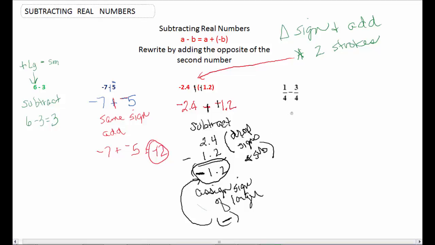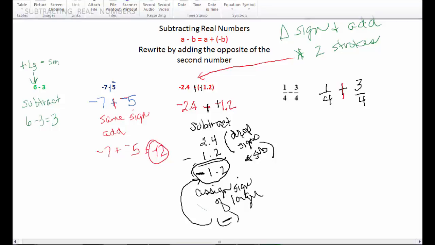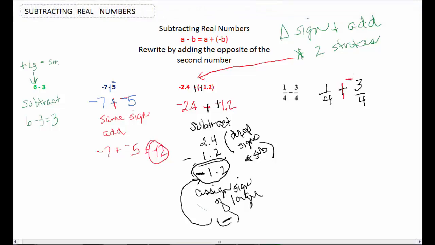Okay? So our last example, we have 1/4, and it said minus, but we're going to make our first stroke be adding, and then it said it was 3/4 over here, but our second stroke will be to subtract.